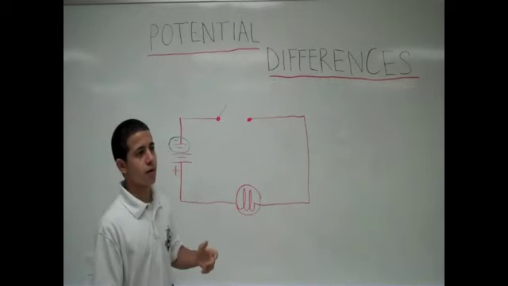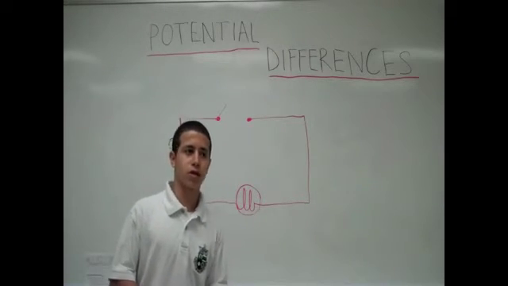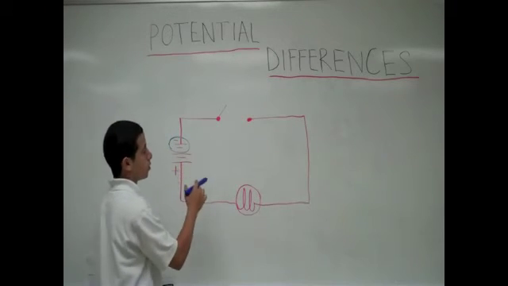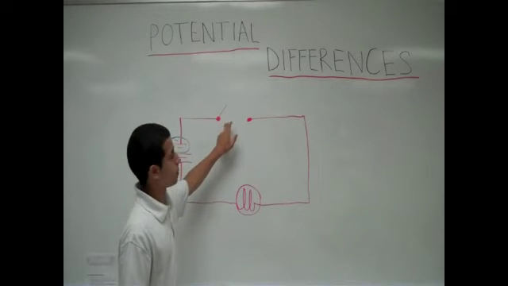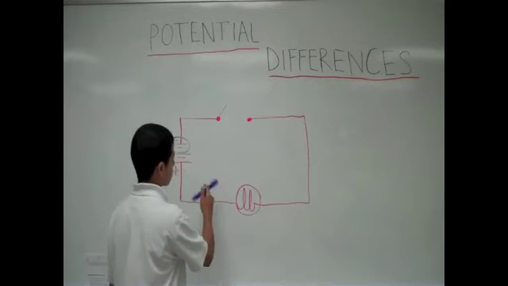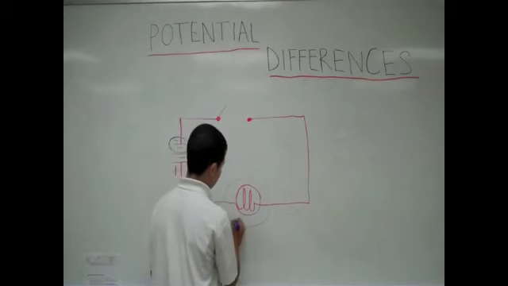They're energized through the chemical reactions in a battery, and they have the potential to do work. But since the circuit is open, so the switch is not closed, they can't travel to the light bulb, which is a load.